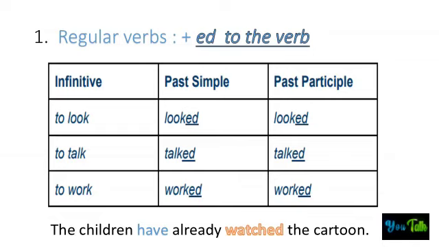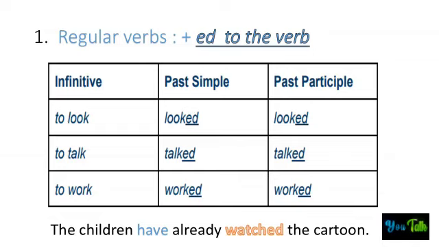Some examples are below. To look, in the past simple we add ed, looked, and it is the same for the past participle, looked. To talk, talked, talked. To work, worked, worked.